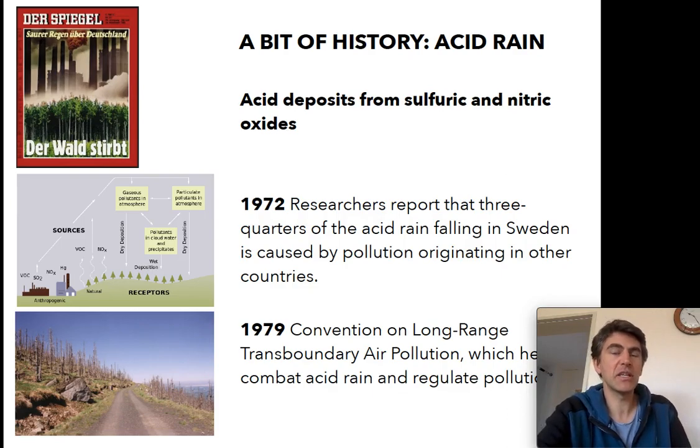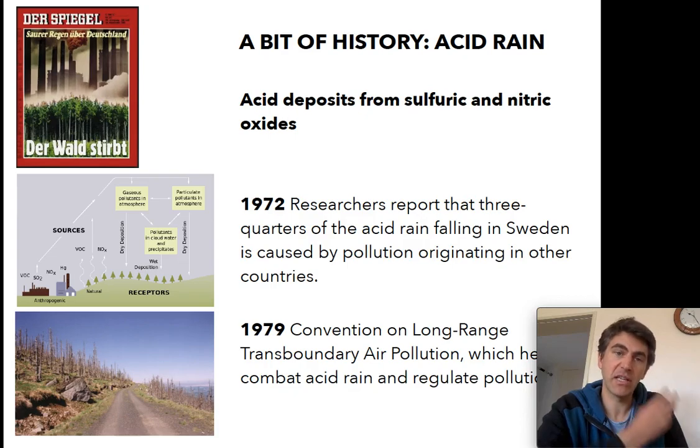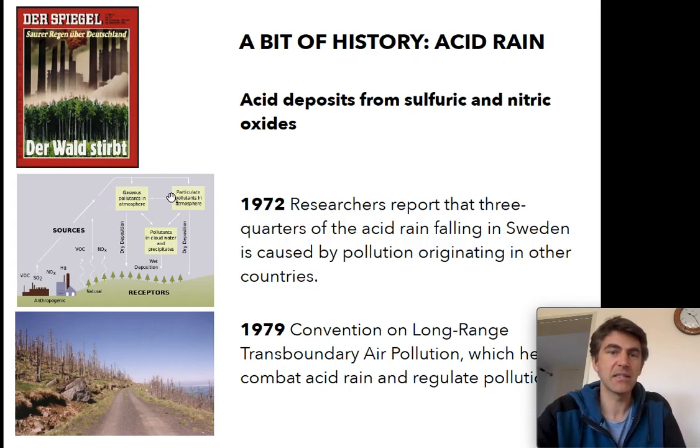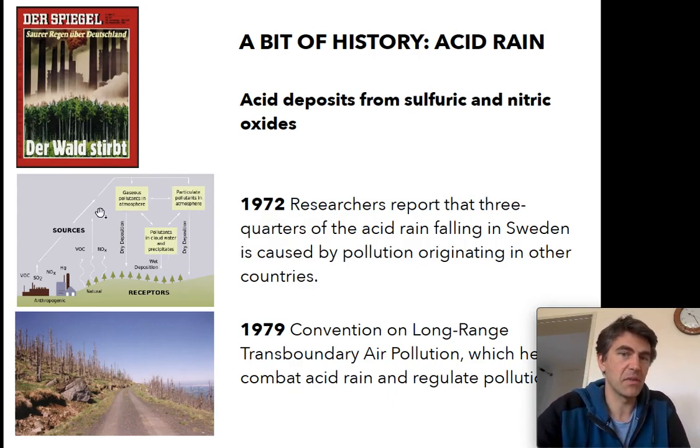Another little bit of history, in the 1970s there was a lot of talk about acid rain deposition. Acid rain results from sulfuric and nitric oxides in the atmosphere, which come from industry especially. So basically industrial emissions lead to certain gases in the environment, and that can lead to deposition of the chemicals that cause acidity, and then can lead to pollution, which can kill trees.